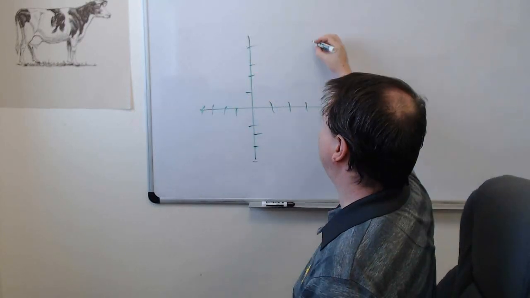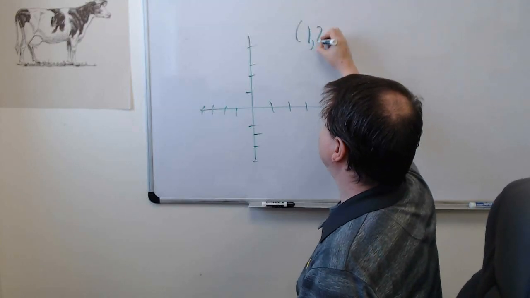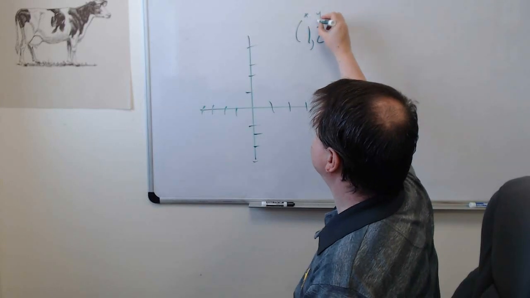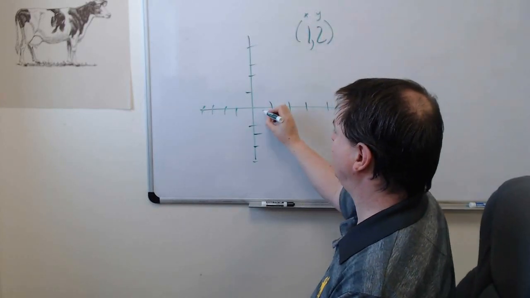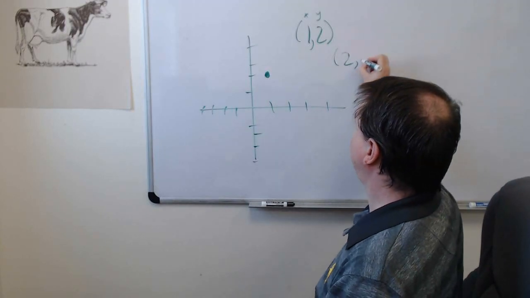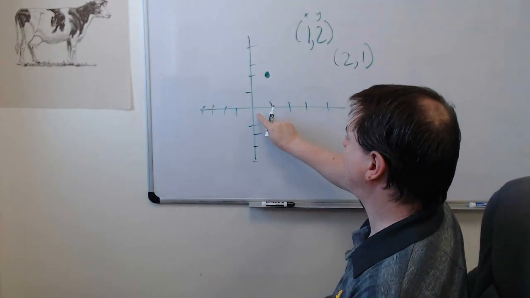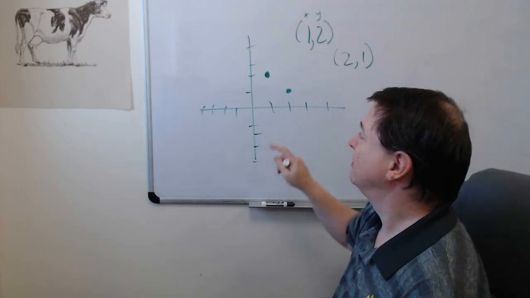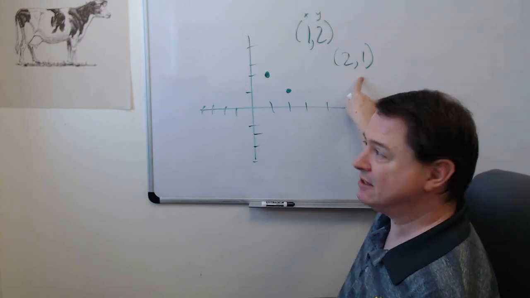You've all at some point had to plot, let's say, 1, 2, right? So my x, that's my y. So 1, 2 would be 1 over and 2 up. That's right there. What about 2, 1? Okay, well, that's 1, 2, that's over here. That's a different thing. This and this are different things.